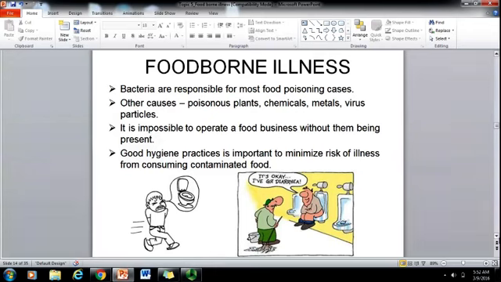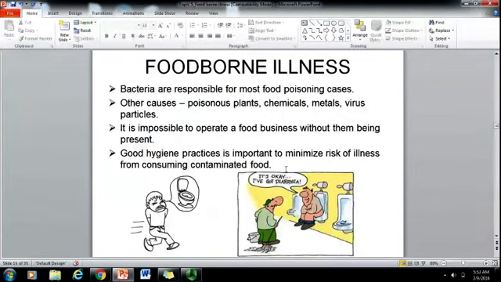Even on your skin, we have Staph aureus. Those bacteria live on your skin as their natural reservoir, but are incidentally transmitted from your skin to the food if you do not practice proper personal hygiene. Therefore, it is important for food handlers to practice good personal hygiene in order to minimize foodborne illness.